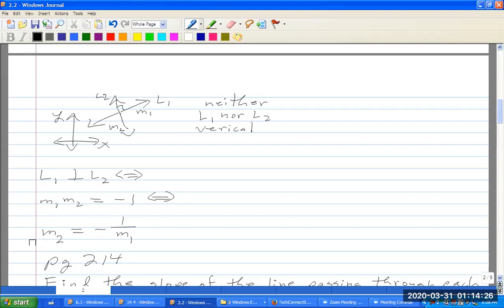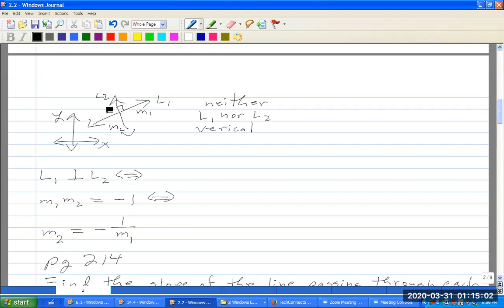So in this case, if the slope of one line is 0, I will say that -1/0 is infinity. And if the slope of a line is infinity, I'll say that -1/infinity is 0. And so this will now work for any line. So two lines are perpendicular if and only if the slope of one line is equal to the negative reciprocal of the slope of the other line.